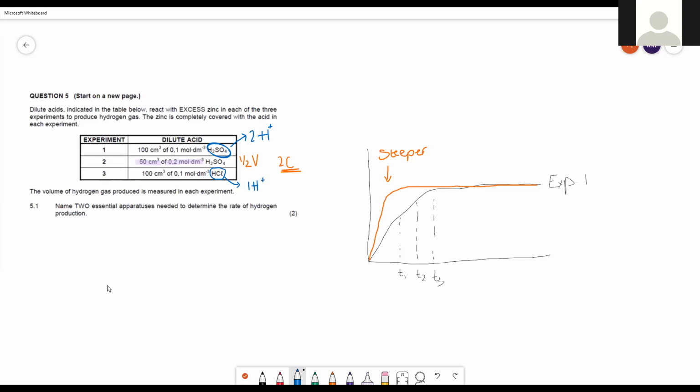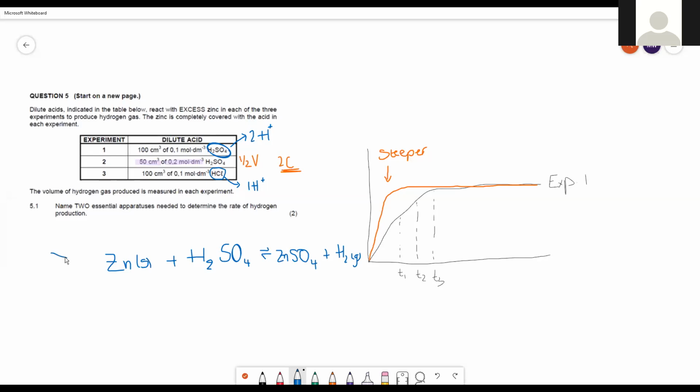So if I was to write it as a formula, you've got zinc solid plus H2SO4, and that will give you your zinc salt plus your H2 gas.